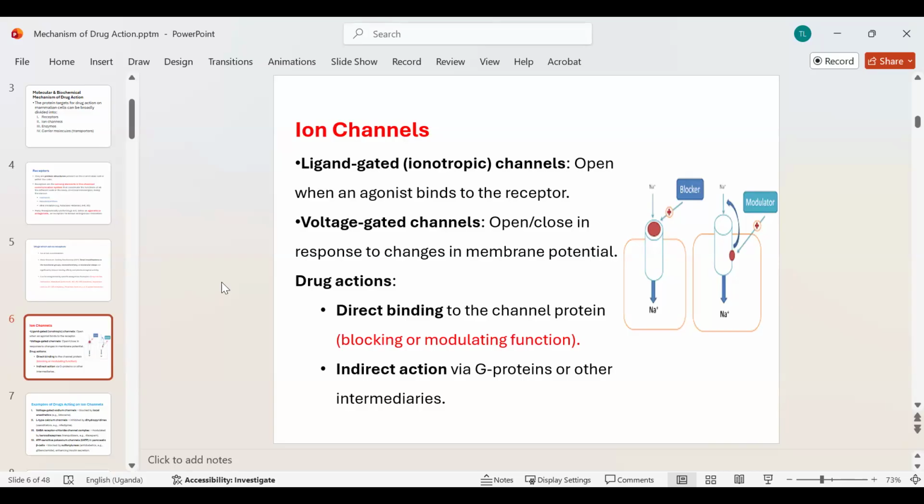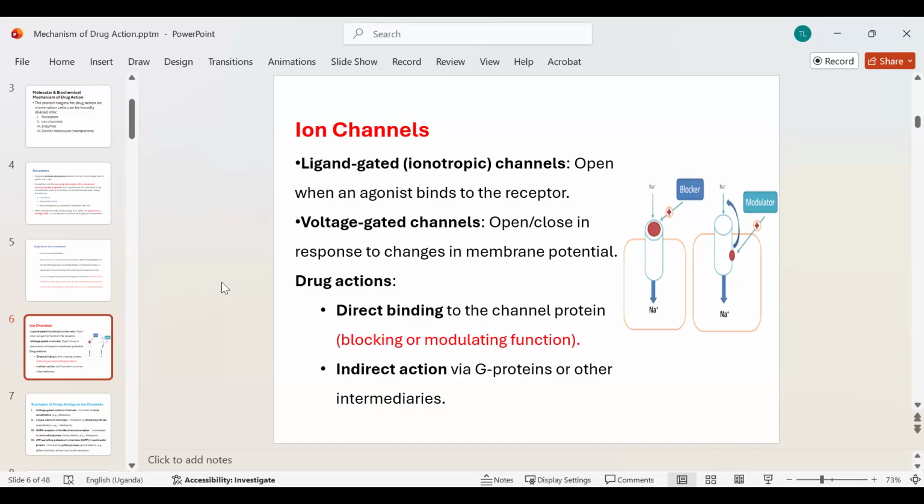Once it binds, it opens up the channel because it is linked to the ion channel, and ions like sodium, chloride, potassium can flow in.